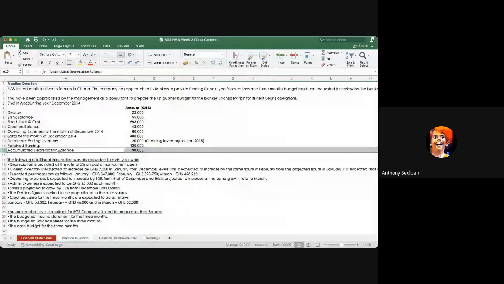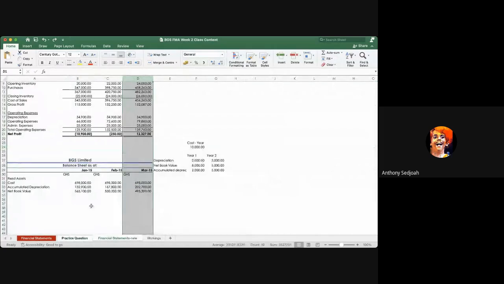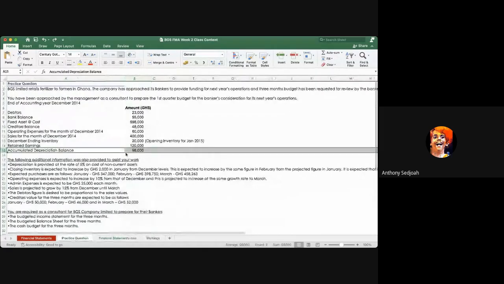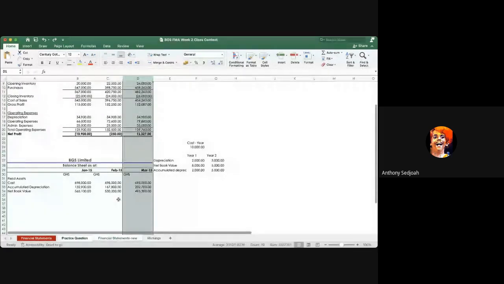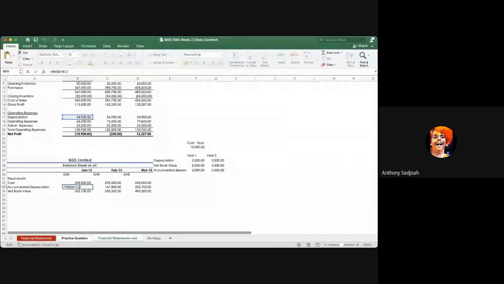That's this accumulated depreciation balance you have over here. So at the end of January, what will be the new accumulated depreciation? It will be that 98,000 as of December 2014, plus January's depreciation, which is 34,900. That's what we have over here.